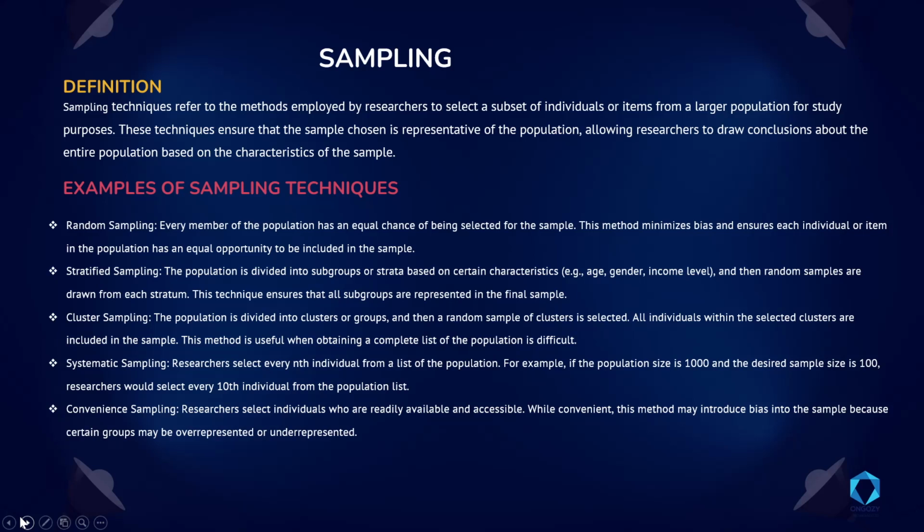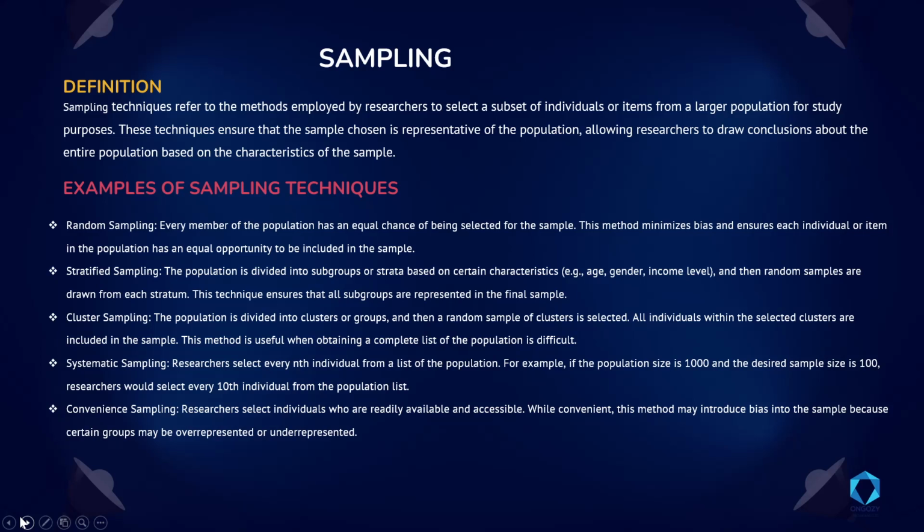Then we have cluster sampling. The population is divided into clusters or groups, and then a random sample of clusters is selected. All individuals within the selected clusters are included in the sample. This method is useful when obtaining a complete list of the population is difficult, right?